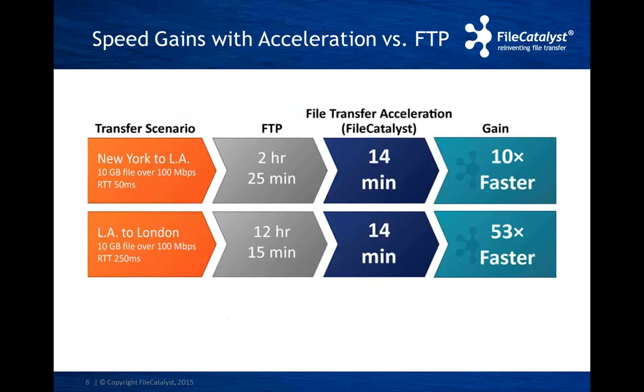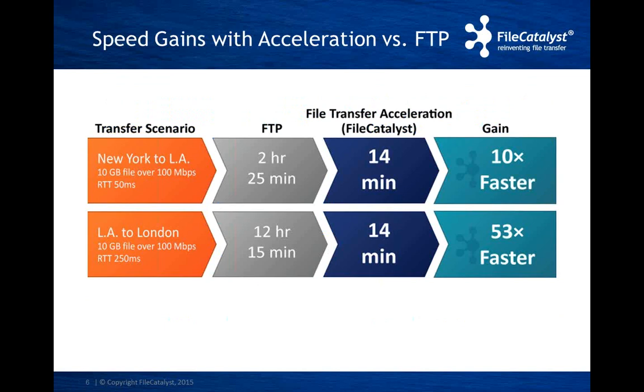Here are some examples of what it means in real life. This is an example of a 100 megabit line with a 10 gig file with single threaded FTP. Don't forget that you could have multi-threaded FTP, where FTP could be a bit faster, but normally you can see here an improvement: FTP will take 2.5 hours to transfer a file, and FileCatalyst will take 14 minutes.